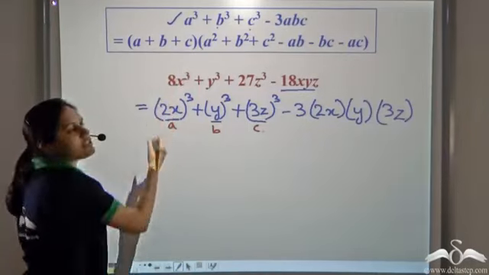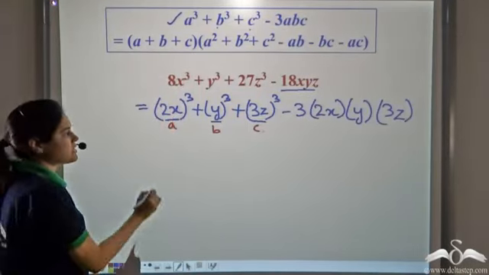So let us factorize it using what we have on the right hand side of the identity.